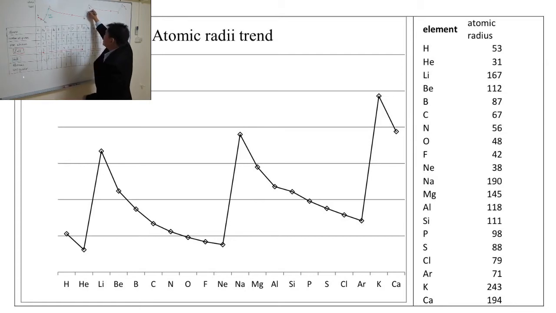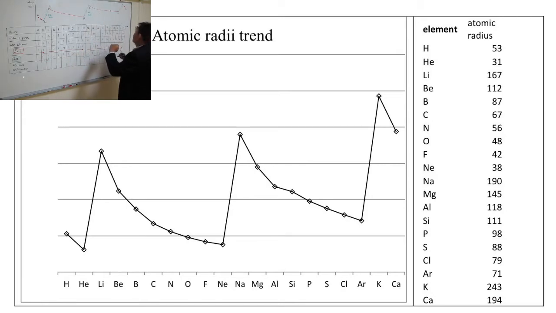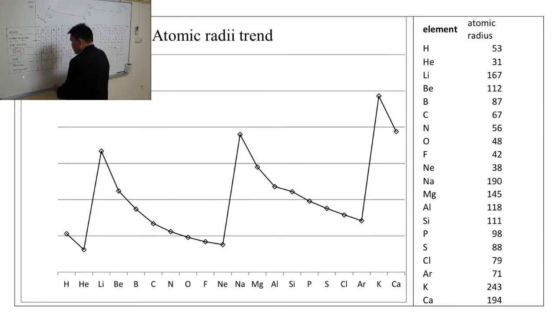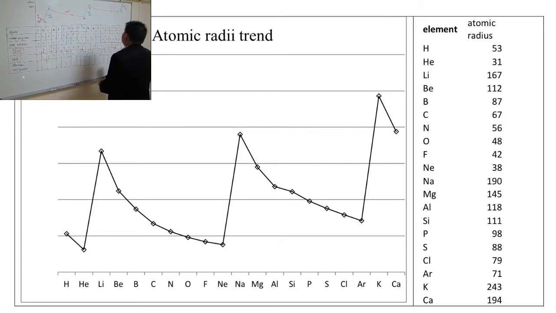The same thing happens from neon to sodium, and from argon to potassium. And the decrease because of effective nuclear charge, I marked with red color. This is because you have increasing effective nuclear charge, which means decreasing the atomic radius. That's the explanation.